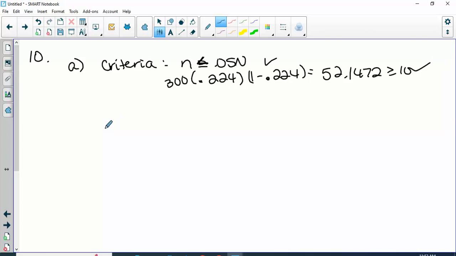So then we need our mean and standard deviation for p hat. Mean for p hat is just our p value, which is 0.224. Standard deviation for p hat is what?